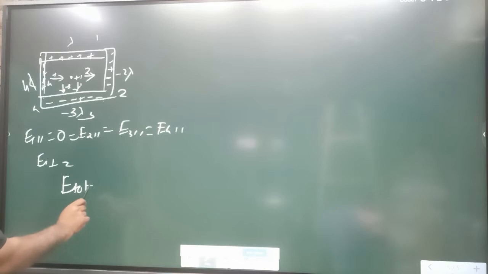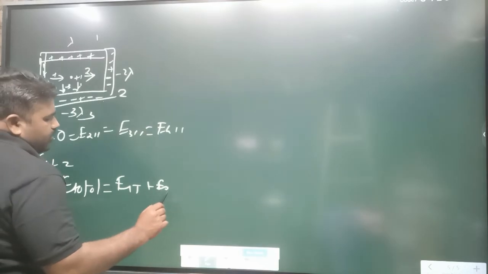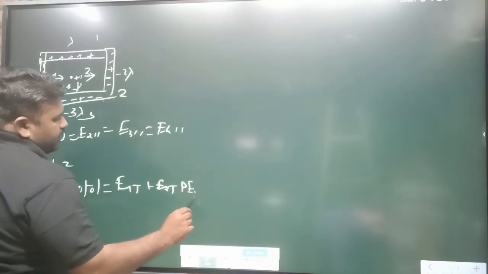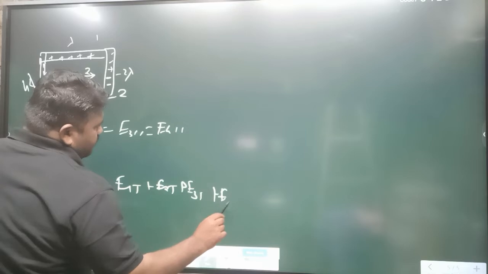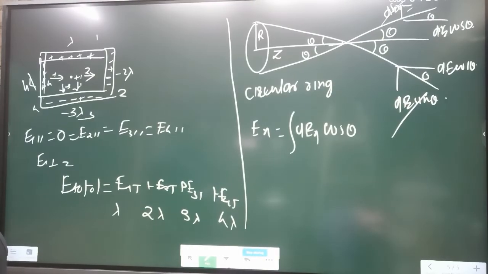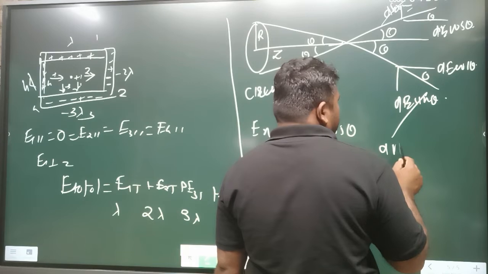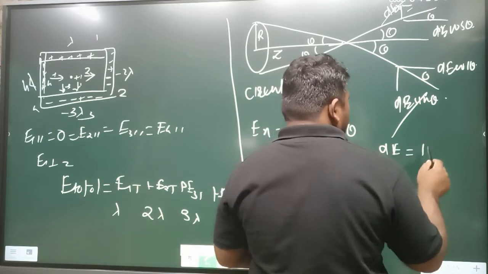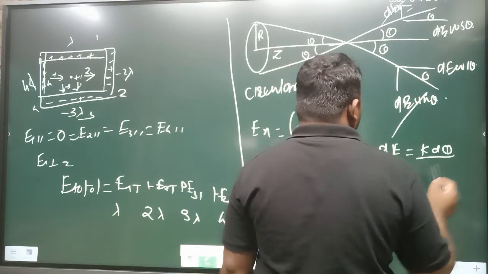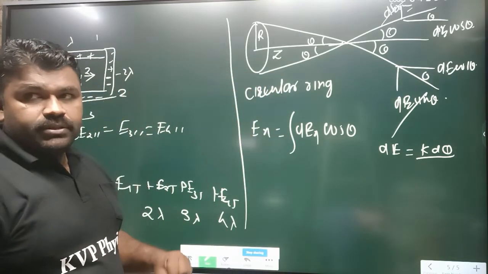So find out E total. E total is equal to E1 perpendicular plus E2 perpendicular plus E3 perpendicular plus E4 perpendicular. What is the value of dE? dE is equal to k dq upon r square, where r square is the distance between the charge and that point.